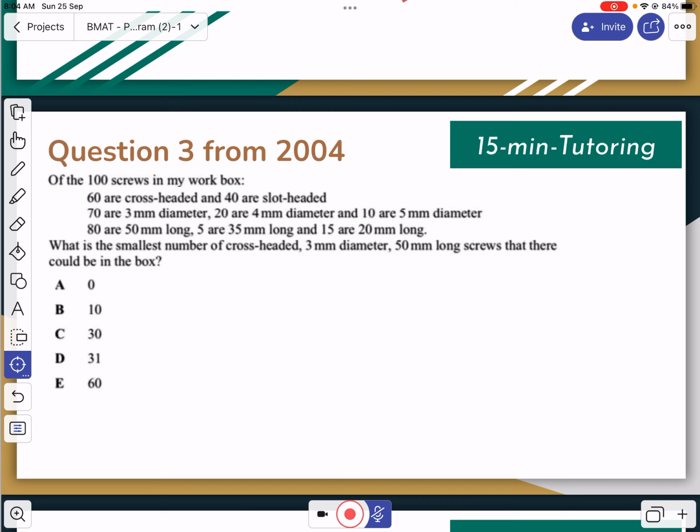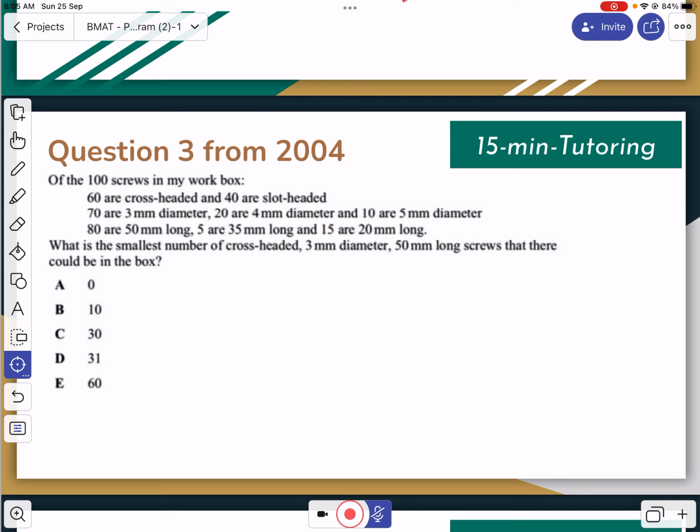So, this question reads, out of 100 screws in my box, 60 are cross-headed, 40 are slot-headed, 70 are 3 mm diameter, 20 screws are 4 mm diameter, 10 screws are 5 mm diameter, and then 80 screws are 50 mm long, 5 screws are 35 mm long, 15 screws are 20 mm long.